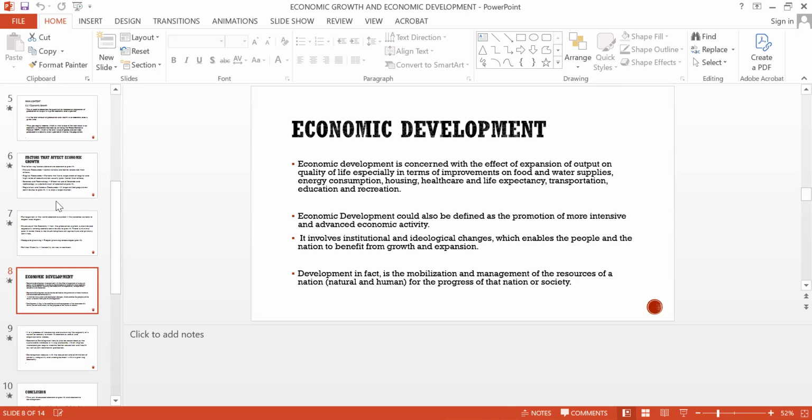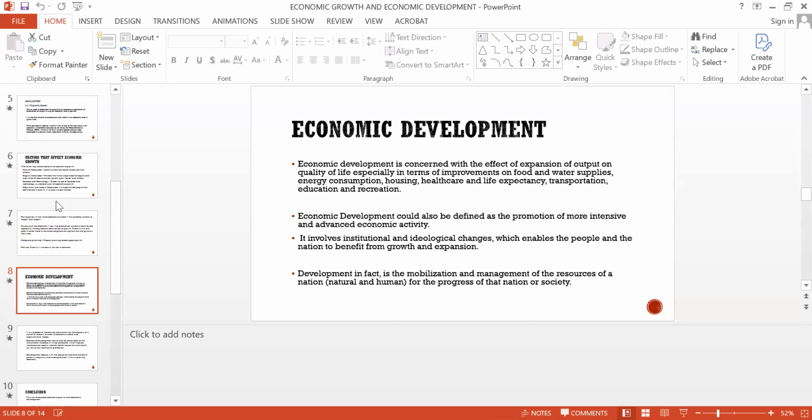So that is the contrast between economic growth and economic development. Economic growth deals with quantitative growth in those statistical indices: the GDP, gross domestic product, the GNP, gross national product, the per capita income, the balance of payment, balance of trade, all of those.